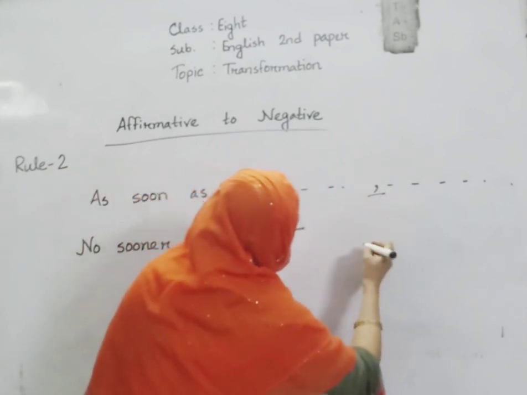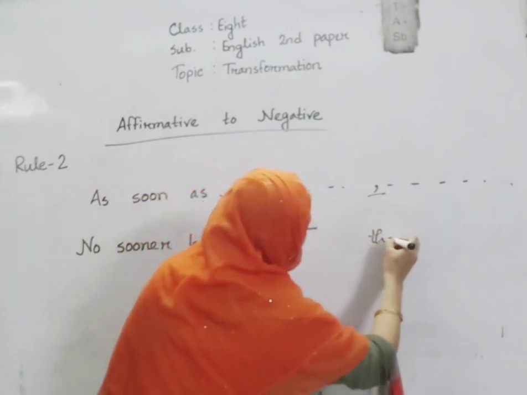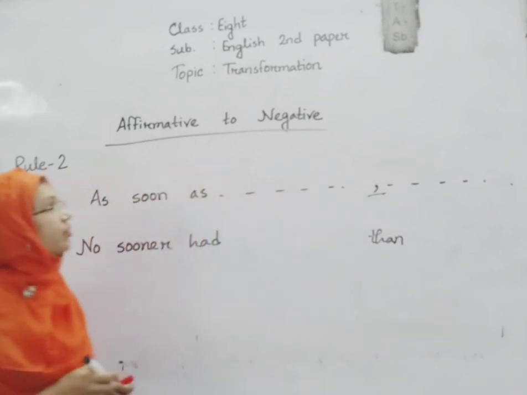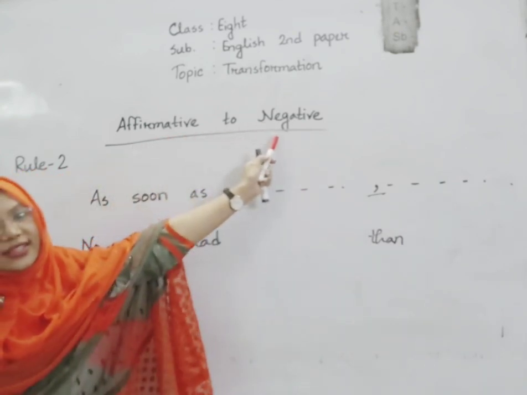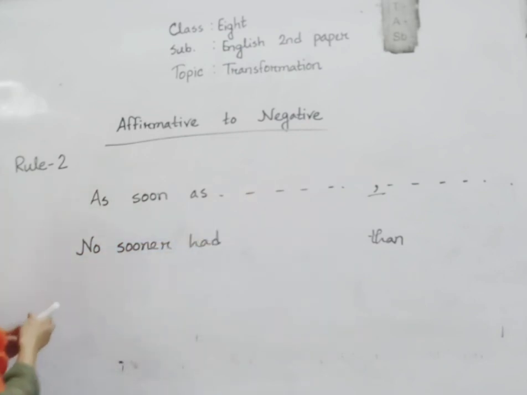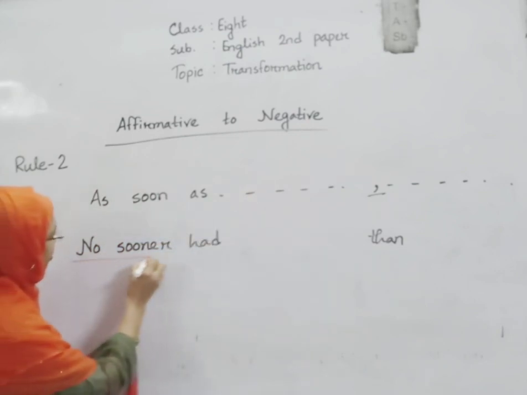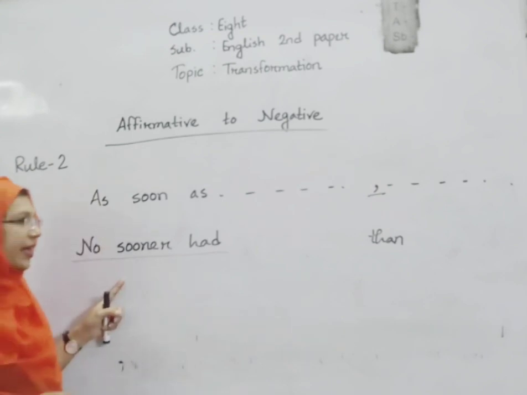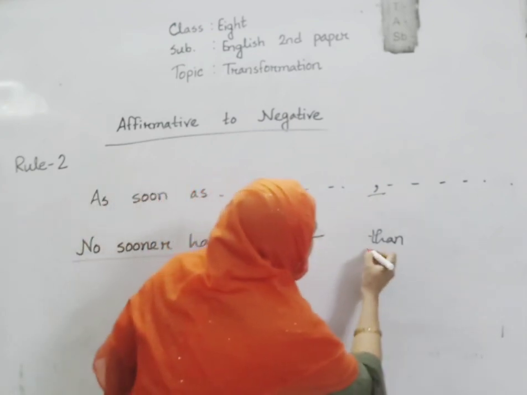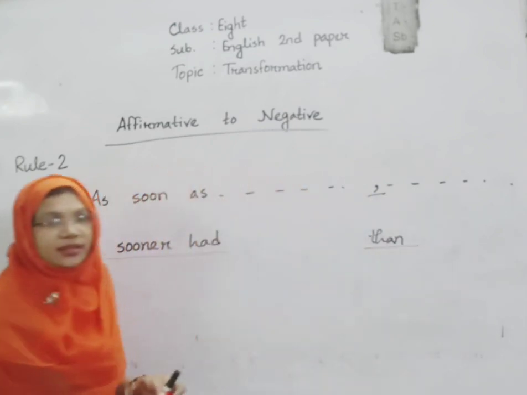For comma, we have to take then, when we are changing it from affirmative to negative. Okay, dear viewers, no sooner had. You have to use no sooner had for as soon as, and for comma we will write down then.